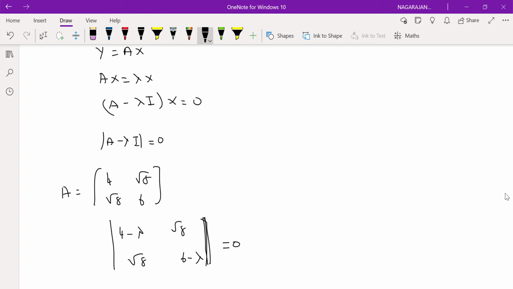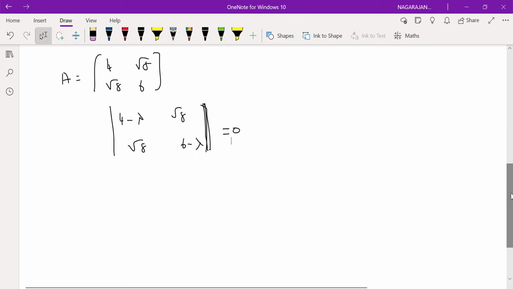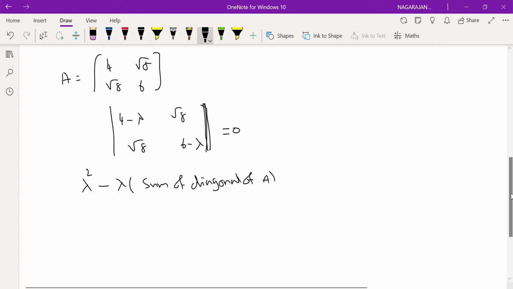It's a 2 cross 2 matrix, so we can use the simple method: lambda squared minus lambda into the sum of the diagonal of A plus the determinant of the matrix A equal to 0.